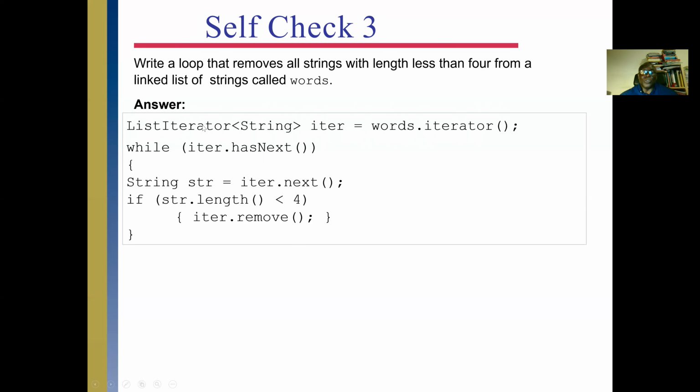So let's go through the code. You can see the first thing we do, we create our iterator using the iterator constructor, and our iterator name is intel. So anytime I want to go through the linked list, I'm going to refer to intel, since we use the iterator to go through items in the linked list. So here I said while intel.hasNext. As we said earlier, hasNext checks if there's a next item or we have reached the end of the linked list.